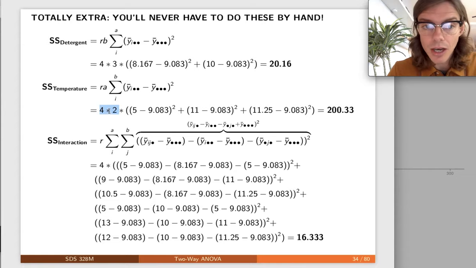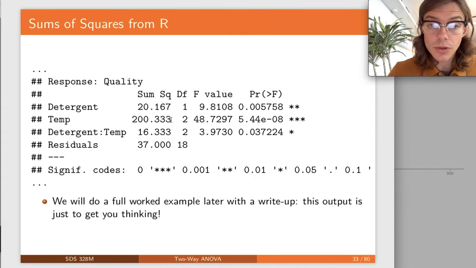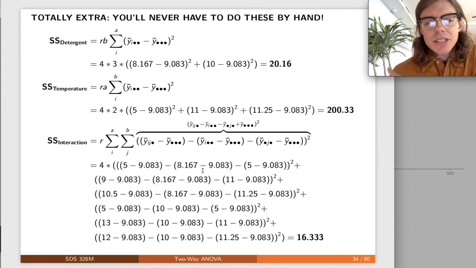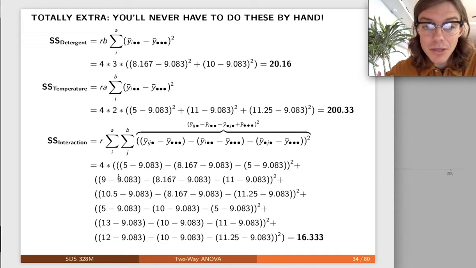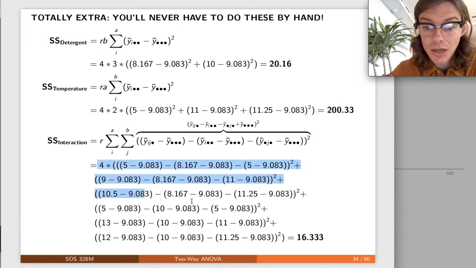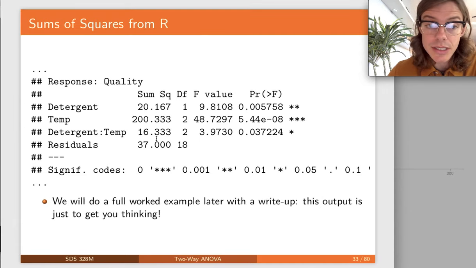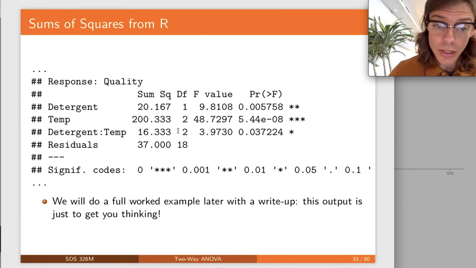There are 8 observations in the low temperature group, 8 in the middle, and 8 in the high, so just multiply by 8. You get 200.33. So that's how you compute those sums of squares. The interaction sum of squares is nastier, so I won't walk through every step, but you can probably just copy and paste this into R, and you'll see that it gives you 16.33, which is exactly what the interaction sum of squares is here.